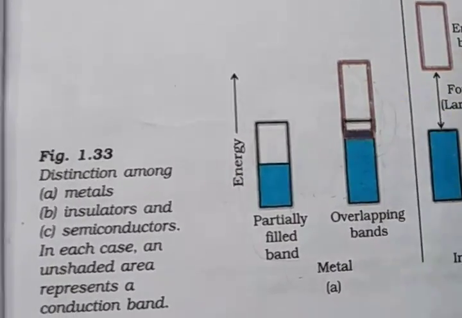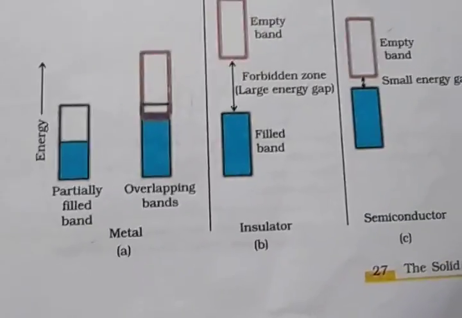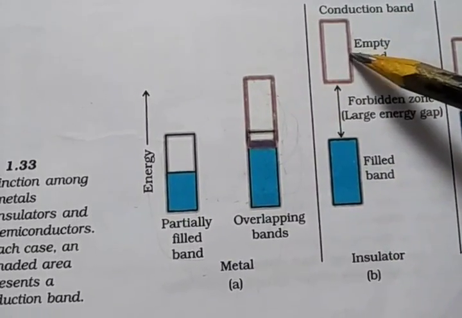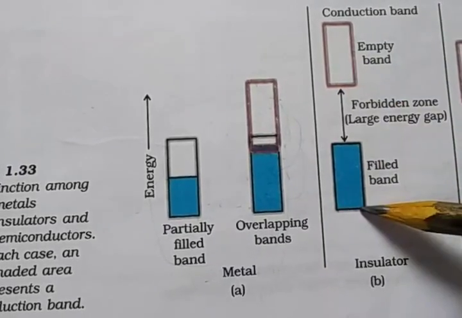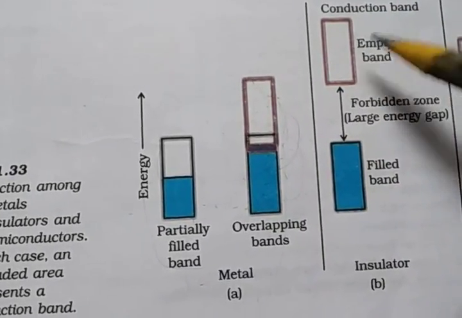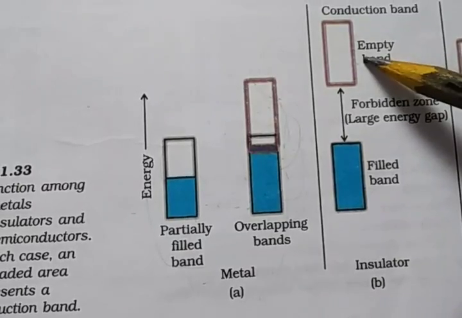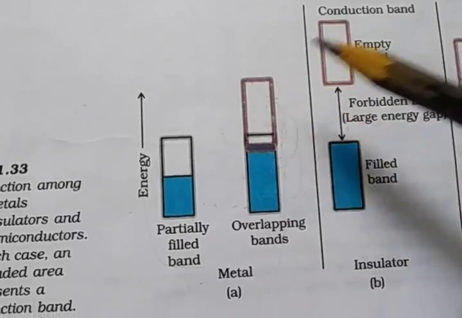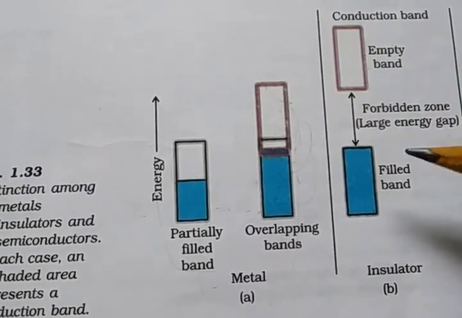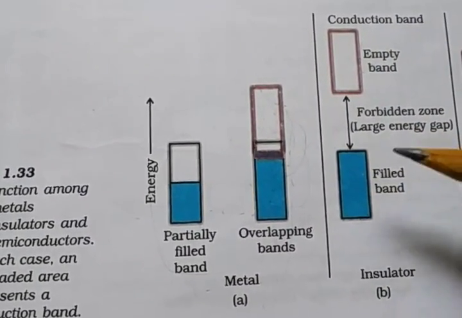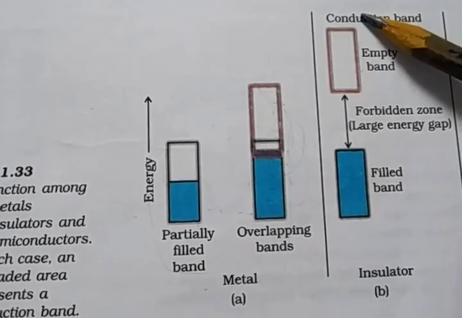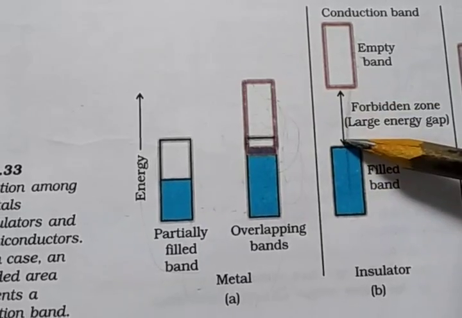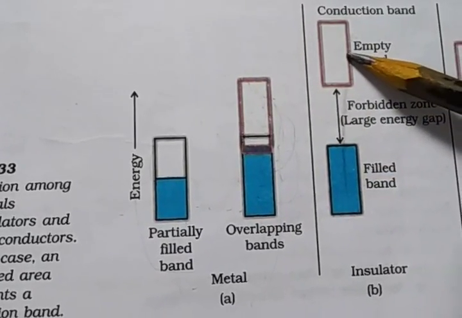So metals show conductivity. But in an insulator, here you see this is the filled valence band and on the upper side the next higher unoccupied vacant band, also known as the conduction band. The space between them is large, so electrons cannot jump to it.